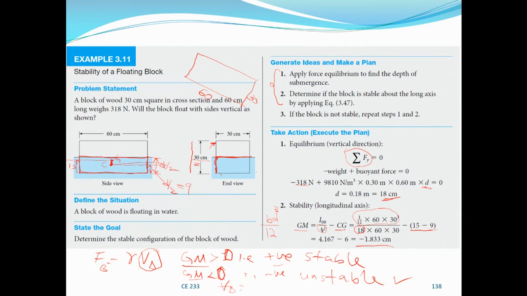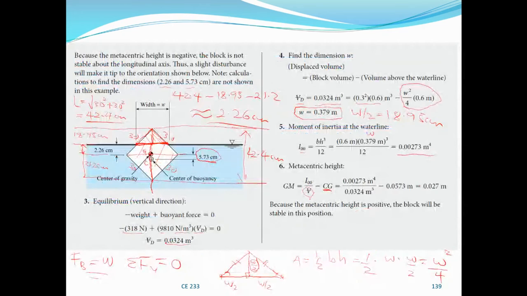This was our displaced volume before, and this is the new displaced volume. Then when we substitute, we find GM to be 0.027 meter, which is positive because it's greater than 0. So because the metacentric height is positive, the block will be stable in this position.